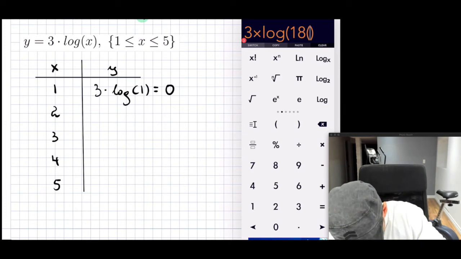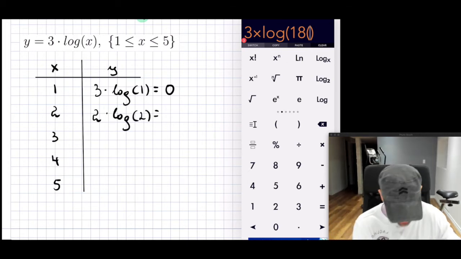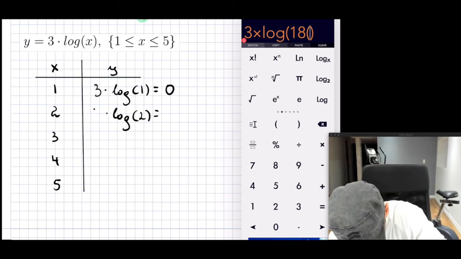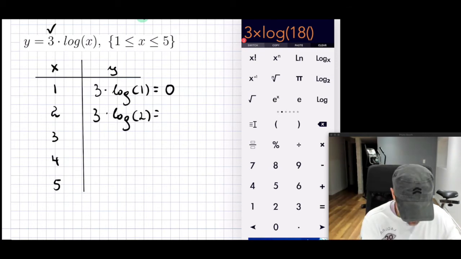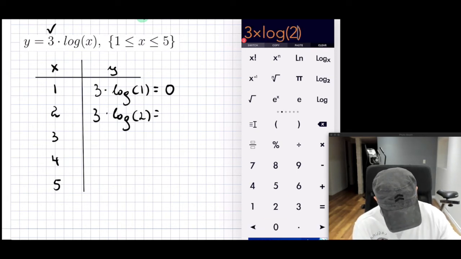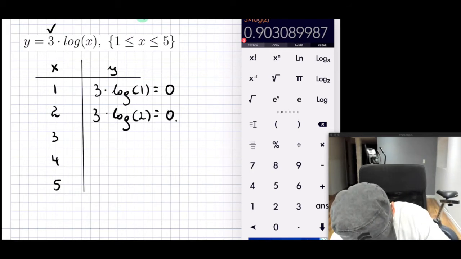So now next, I have 3 times log of 2 equals, sorry about that, it's not 2 in here, this is 3. Okay, so we have 3 of that. So let me clear that. So 3 times log of 2 equals, all right, so this gives me 0.903 and so on.